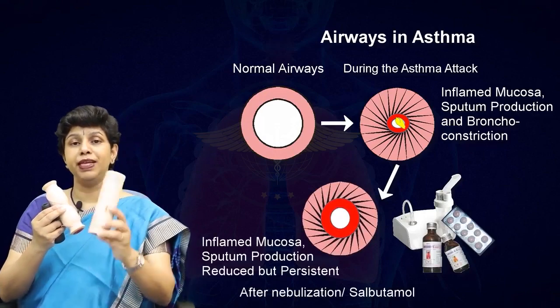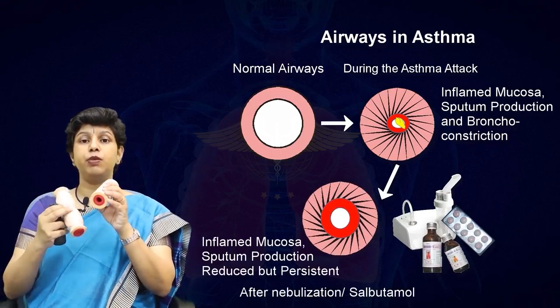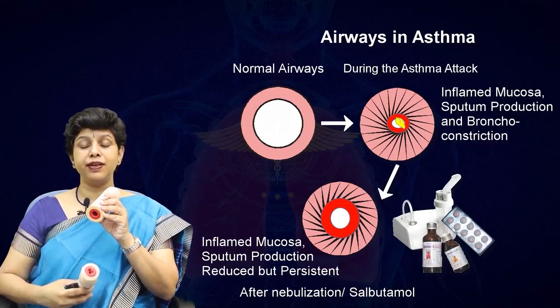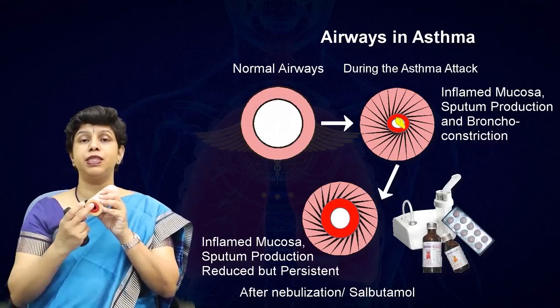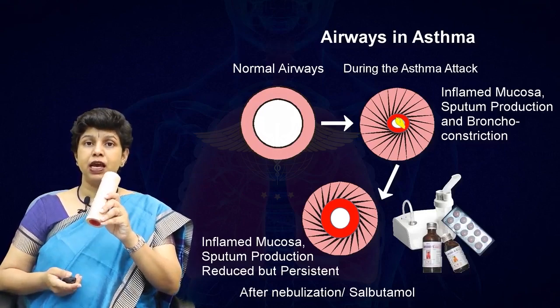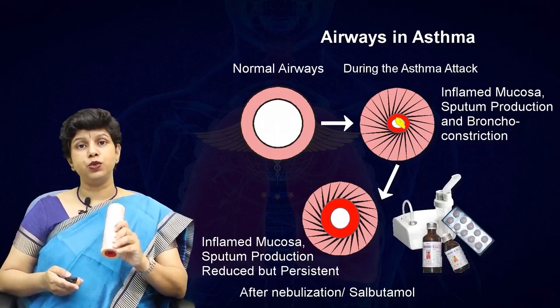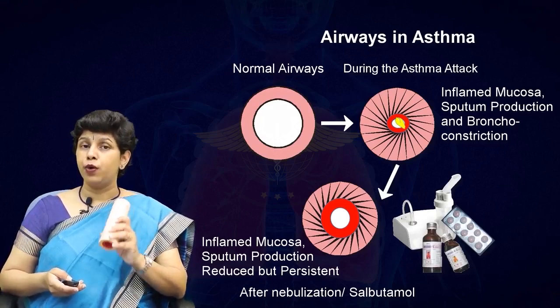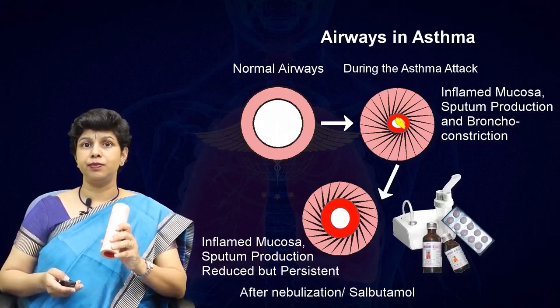The bronchoconstriction gets relieved, but what remains is the inflammation. So there is always some amount of persistent inflammation in the airways that remains, which gives rise to the hallmark of asthma, and that is bronchial hyperresponsiveness.